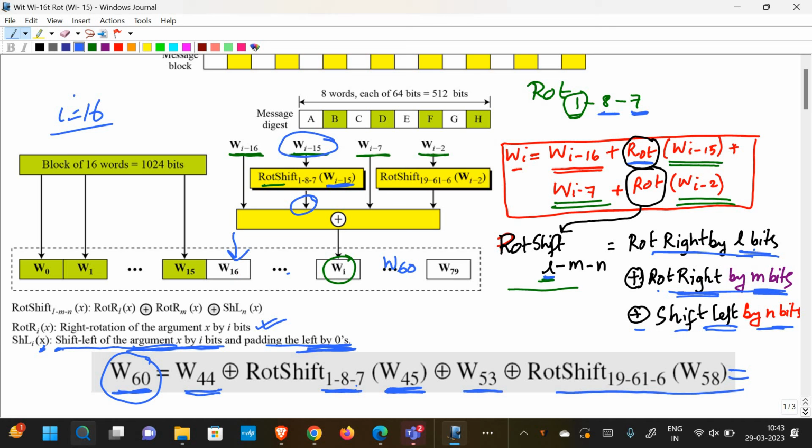So for W16, we are using the elements W0, W1, W9 and W14, which are all available with us, because initially the first 16 words are already present with us.